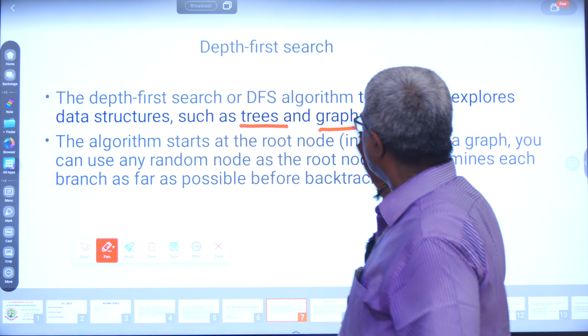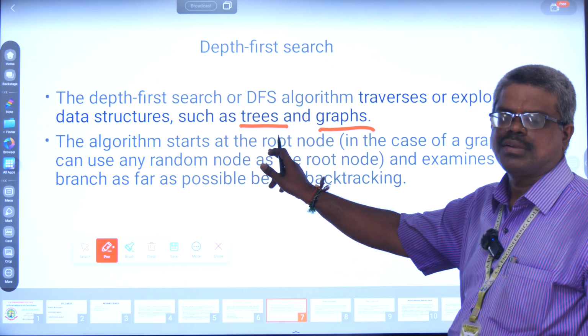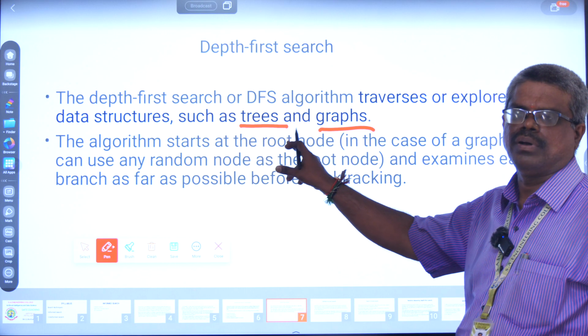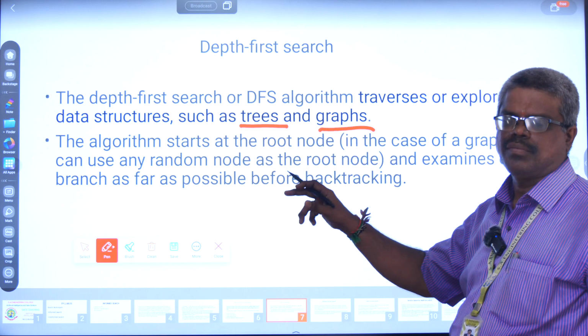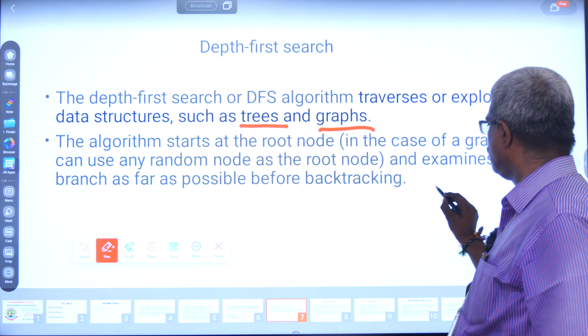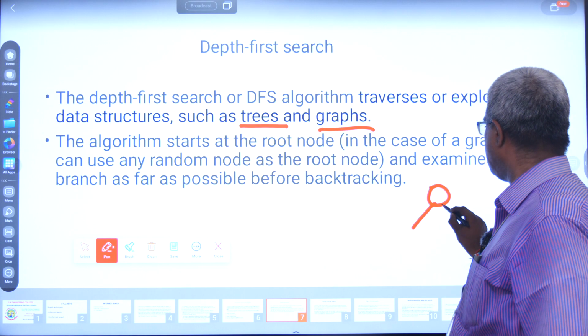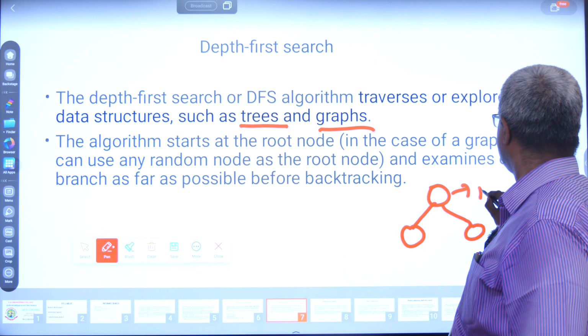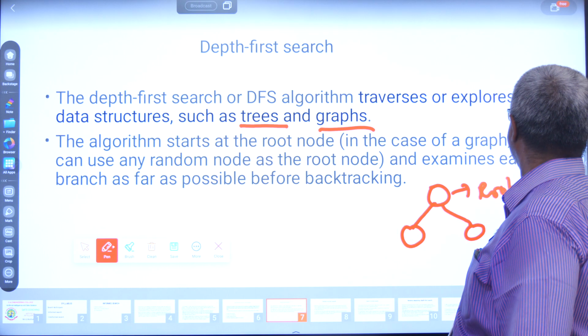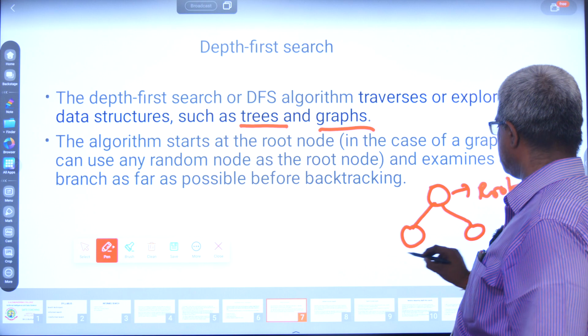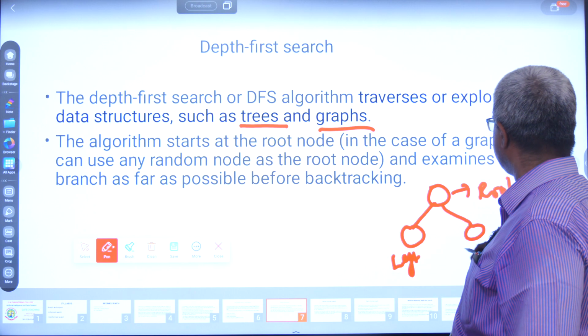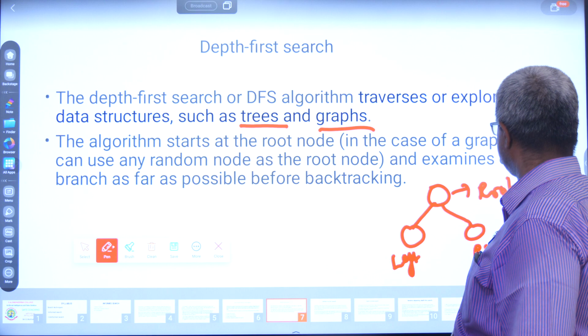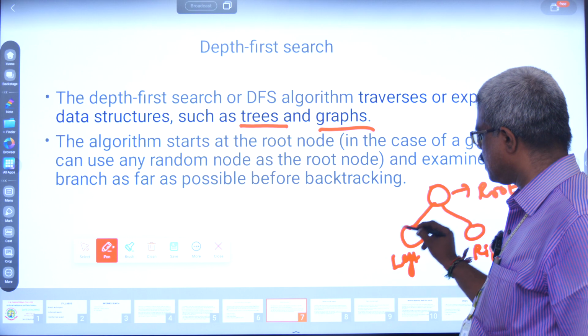Trees and graphs. I already told you about trees. The tree structure is the main thing in DFS, where you have the root node, child node, parent node. This is the root node, this is the left child, and this is the right child. The same logic keeps on searching.